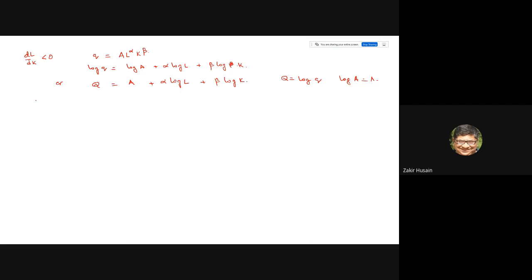Now take the total differential. We have dq is equal to dA, alpha is constant, plus alpha times d log L, and beta times d log K. Now what is dq? 0 along the isoquant. So this is also 0, and what is dA? dA is a constant, that is also 0.